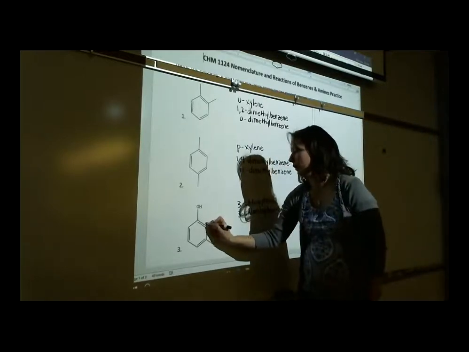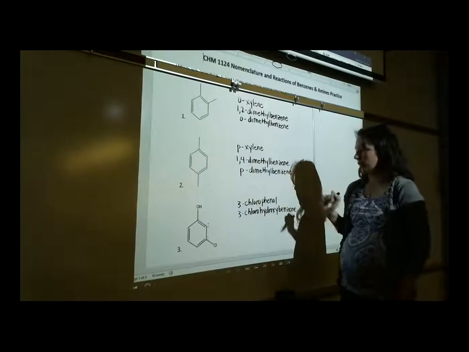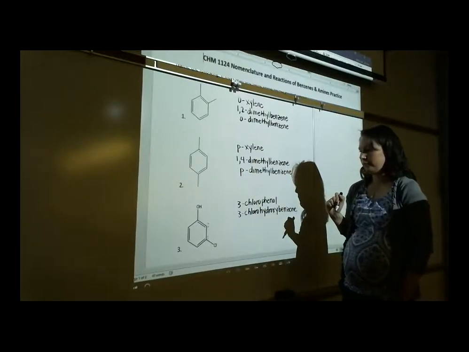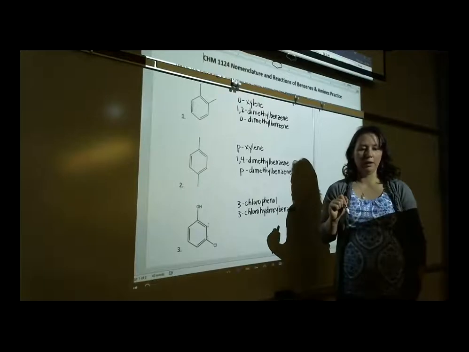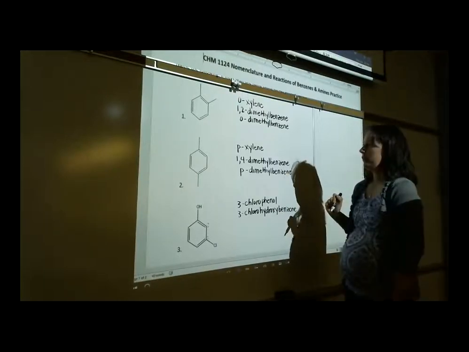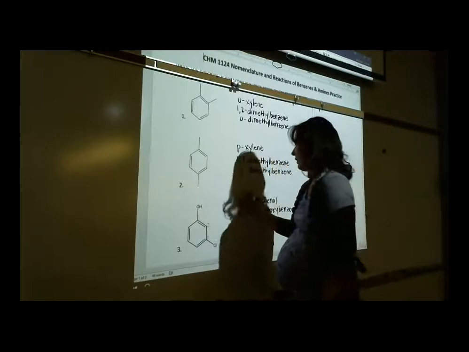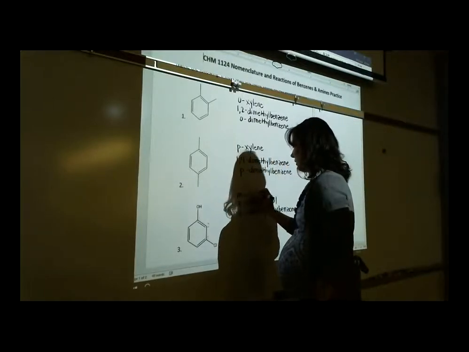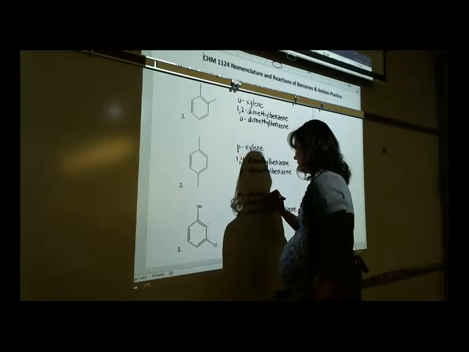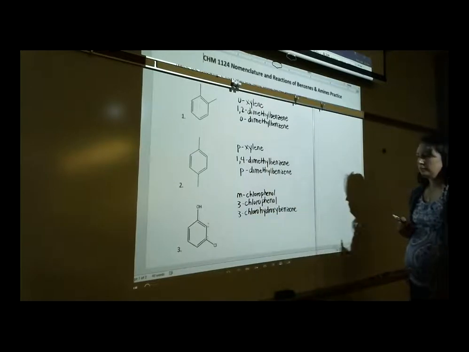These are 1, 2, 3 carbons away. So what's another way we could write that? When they're 3 carbons away, M, right, meta. So you could also call this M-chlorophenol as well. Right?